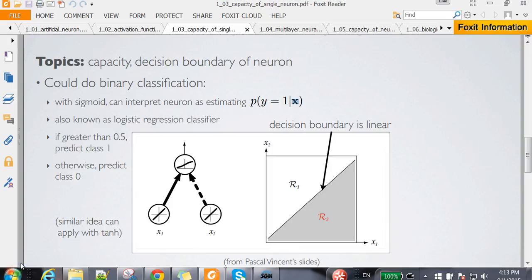So remember that at the beginning of this video, we said, well, what kinds of functions can we model? What kinds of classifier functions can we model? And here we see that using this configuration, we're using a logistic function and just one neuron, we can only model a linear decision boundary. So that's not that flexible.